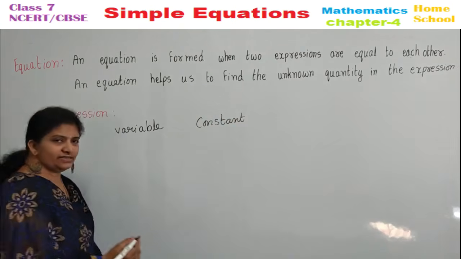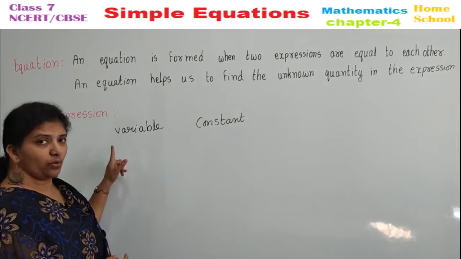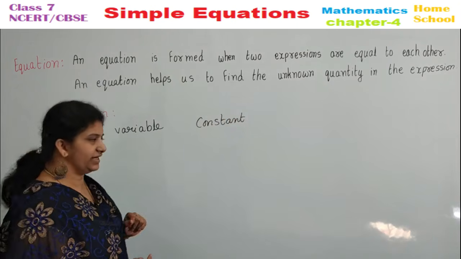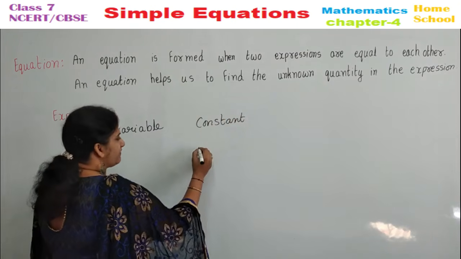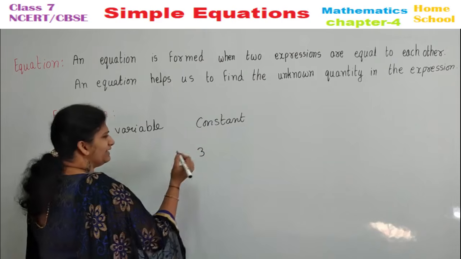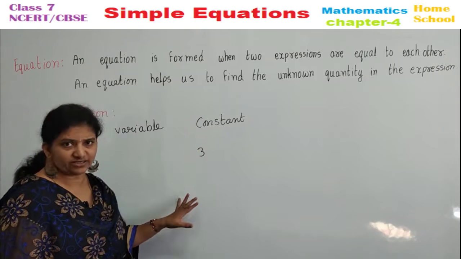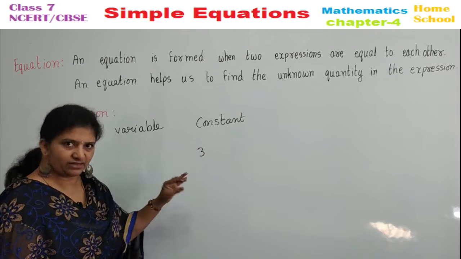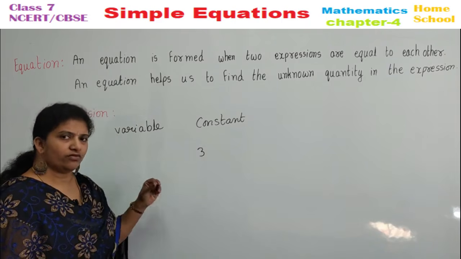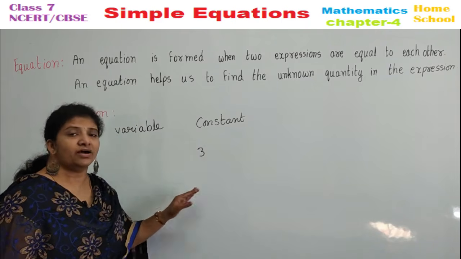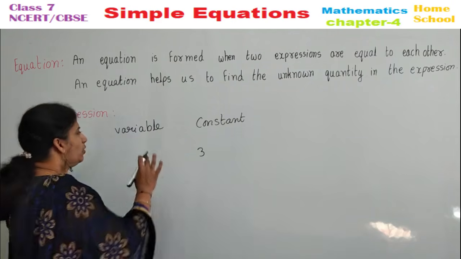Expression contains two terms. What are those? Variable and constant. Constant, suppose if I take here 3, it doesn't change. Constant value never changes. As it is, 3 means 3. If I write 4, 5, the number value does not change.